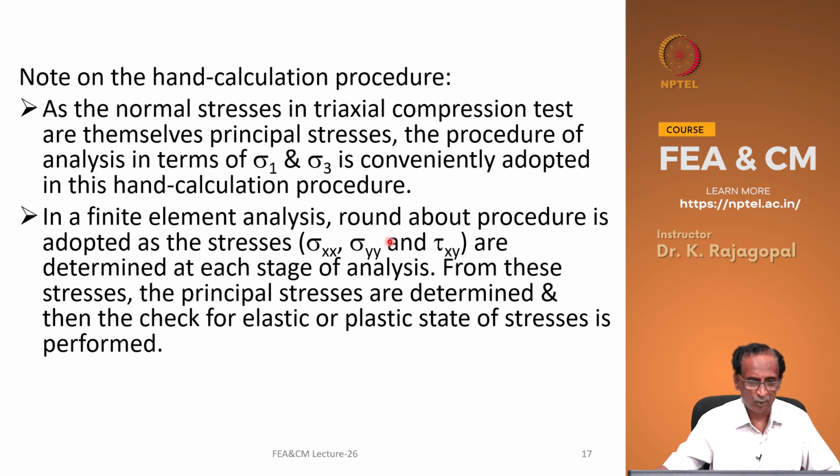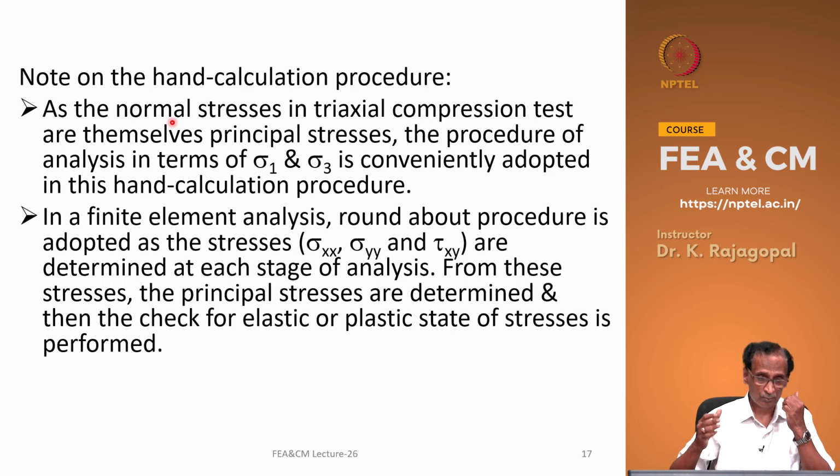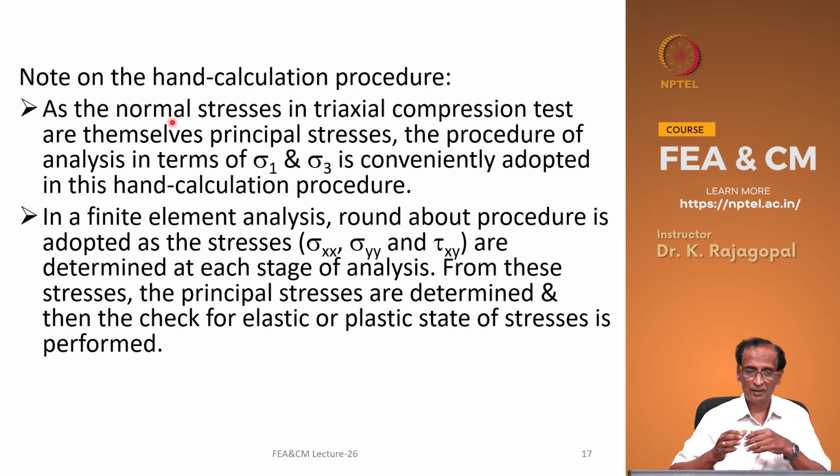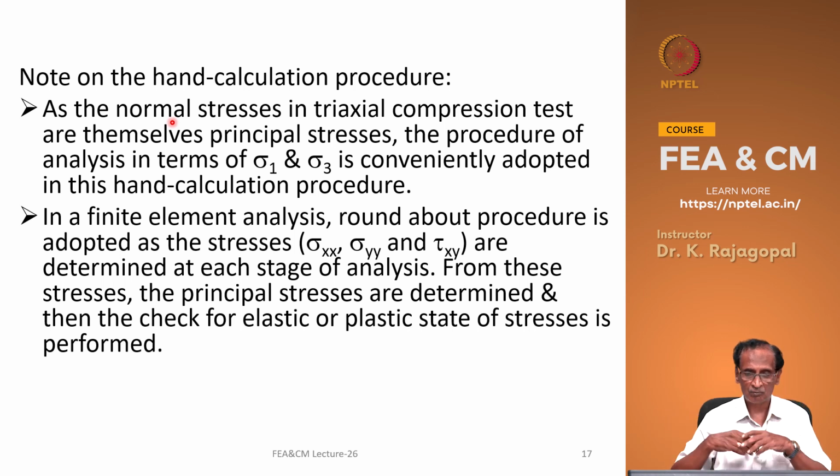Just a note: our normal stresses in the triaxial compression test are both principal stresses, sigma 1 and sigma 3, so that we can directly apply our Mohr-Coulomb relation. And just for the purpose of hand calculation, that was simple to illustrate that beyond our yield limit, when our yield function value is greater than 0, we set the shear modulus to a small value, and then we see that any further increase in the shear stresses does not happen.